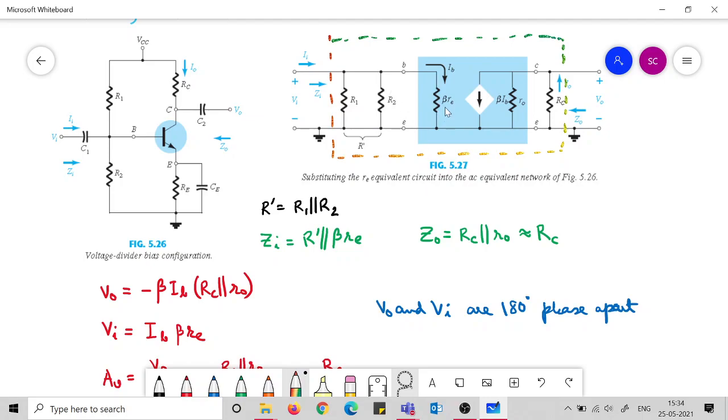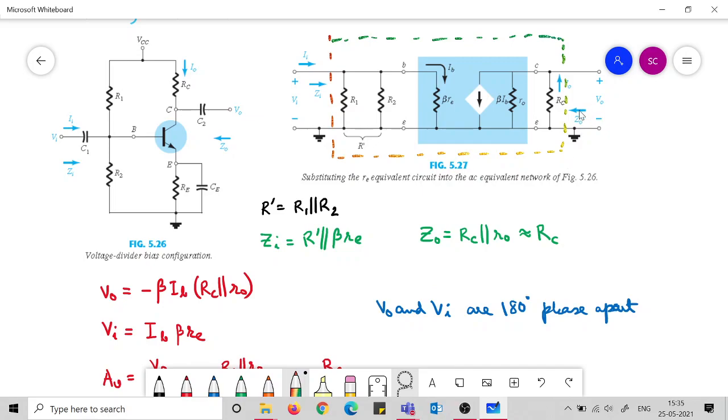So that RB parallel to beta Re, here it becomes R dash parallel to beta Re. Try to relate to what you have learned previously. What are the similarities? What are the differences? This we have to identify. Only then you will learn. You will come to appreciate a new configuration, the slight differences, the distinctions. Only then you will be able to learn the subject.